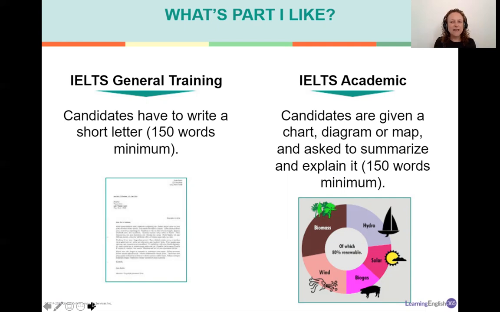So this isn't a race. This is not a competition to write the most words in 20 minutes. So if you do go over the word count, okay, maybe 15, 20 words, that's absolutely fine. Just make sure that every single word, every single sentence you write is as accurate as you can make it.